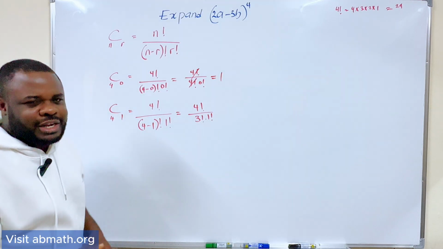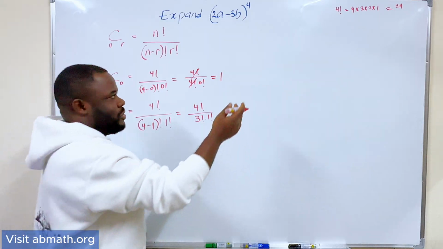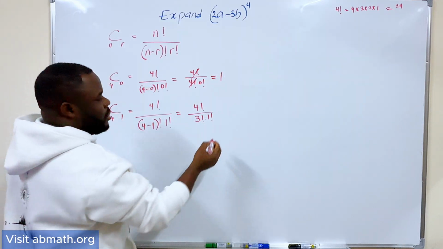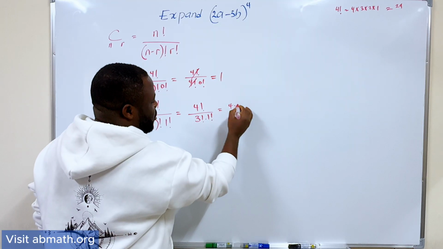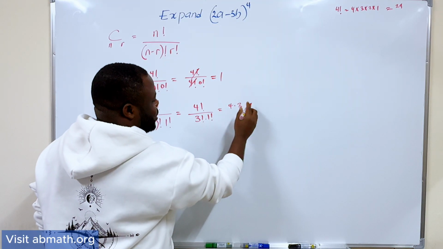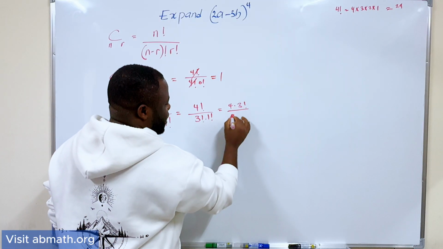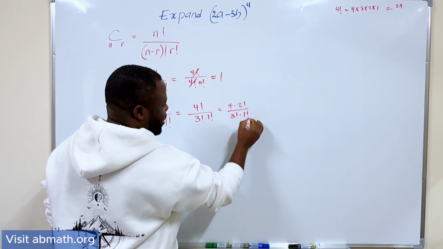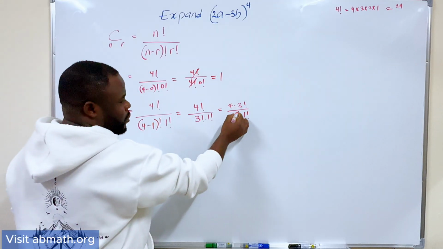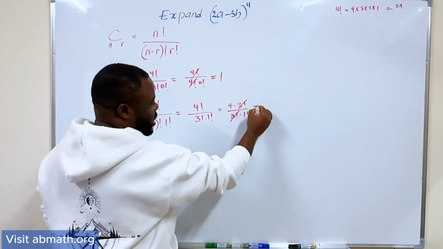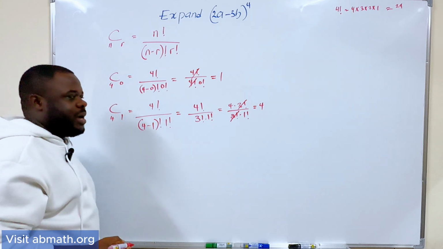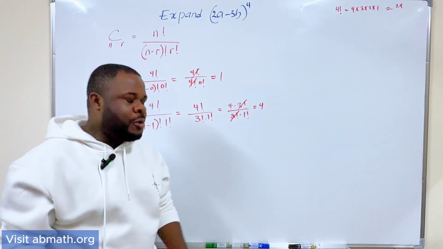You know that 1 factorial is the same thing as 1. So here you have 4 multiplied by 3 factorial over 3 factorial multiplied by 1 factorial. It's still the same thing. 3 factorial cancels 3 factorial, and I will now have 4 as my answer.